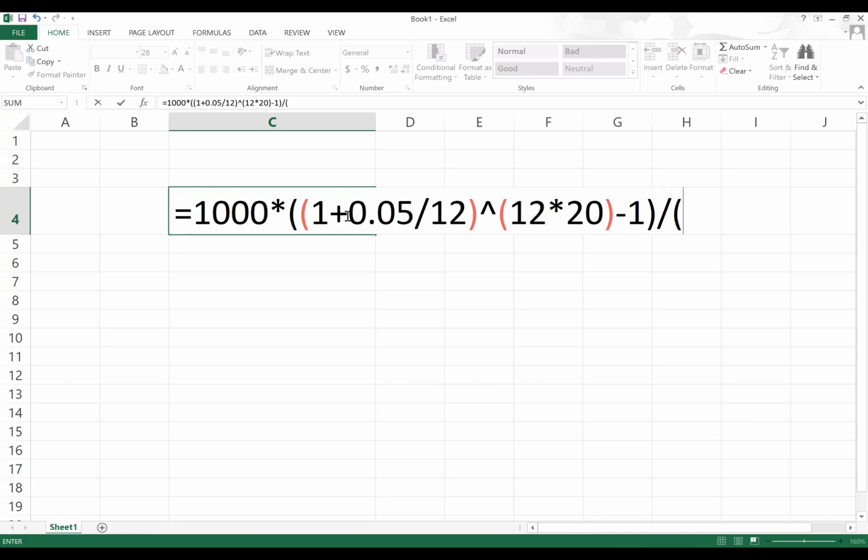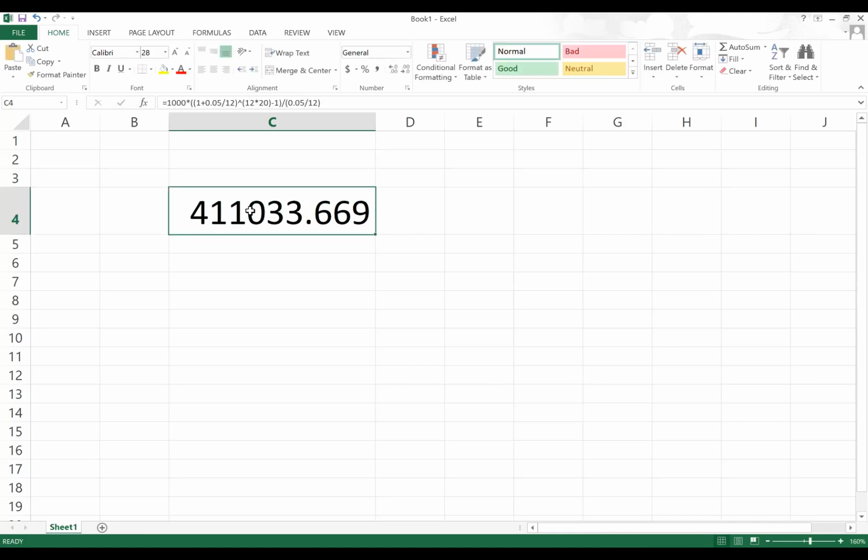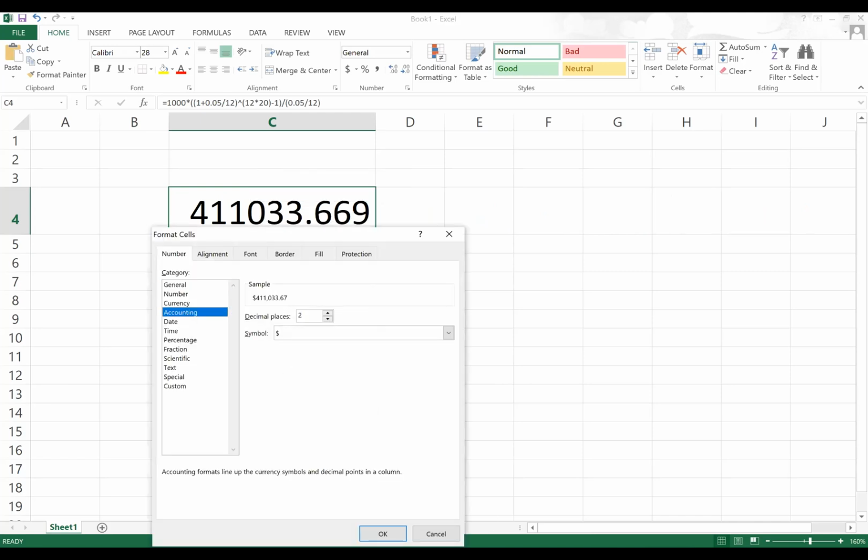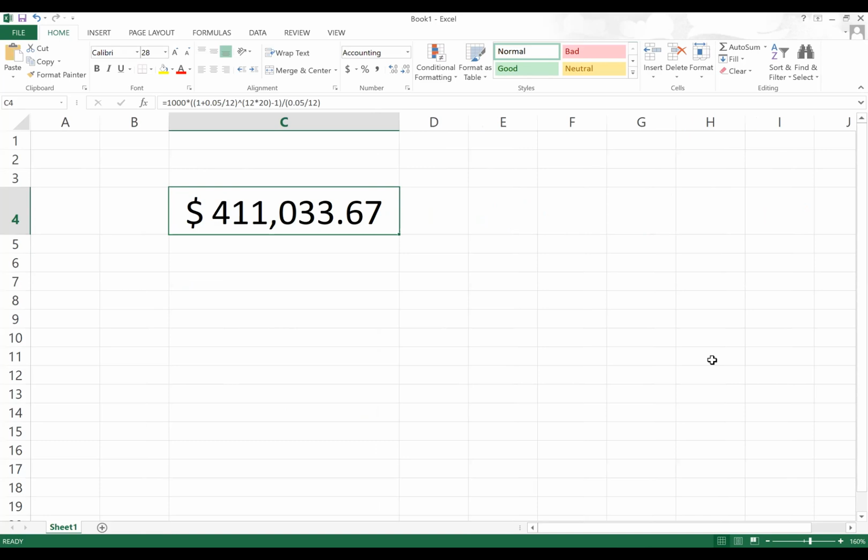Then divide by the denominator, open parentheses, 0.05 over 12. Once you input it like that, we have the answer right away, and this turned out to be $411,033.67.